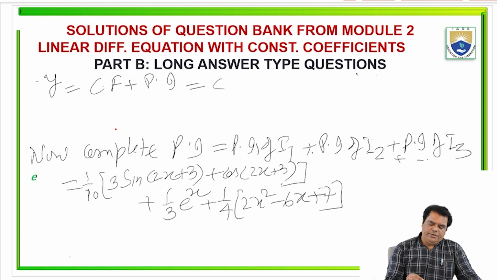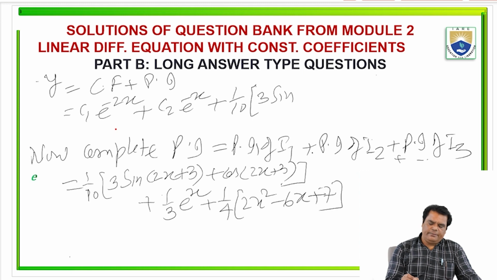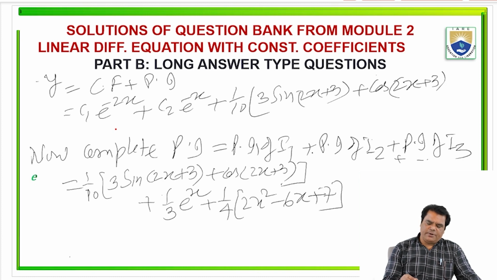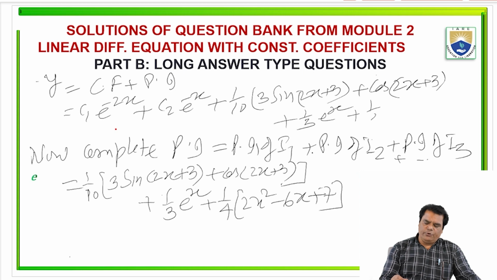So CF is C1 e to the power minus 2x plus C2 e to the power minus x, and plus 1 upon 10, here 3 sine 2x plus 3 plus cos 2x plus 3, and plus 1 upon 3 e to the power x, and plus 1 upon 4, here 2x square minus 6x and plus 7.